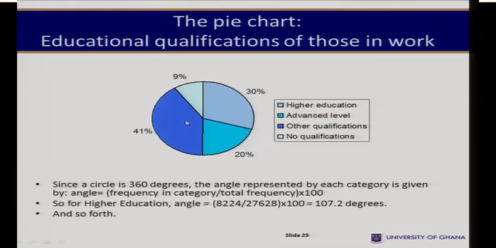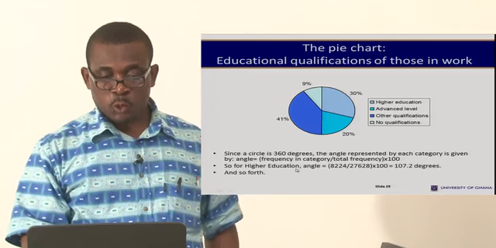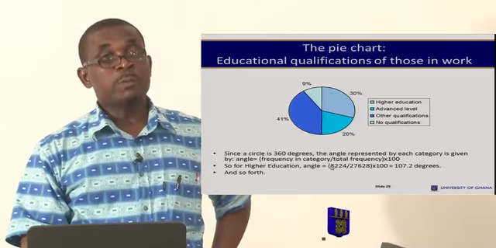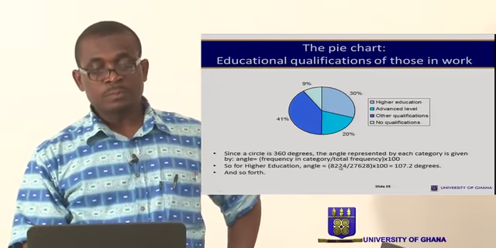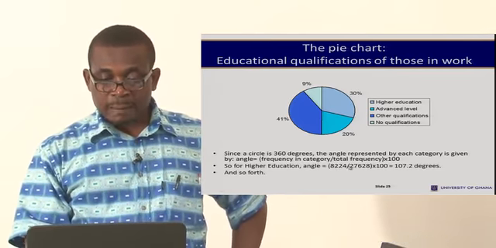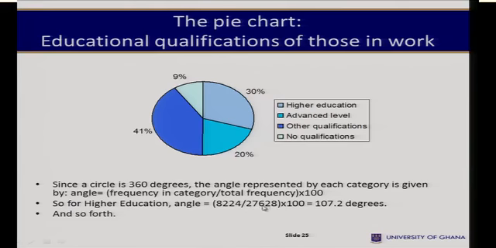So to indicate the angle that corresponds to, let's say, higher education, what we have to do is to look at the number of people working but with higher education, divide it by this total, and then multiply it by 360.